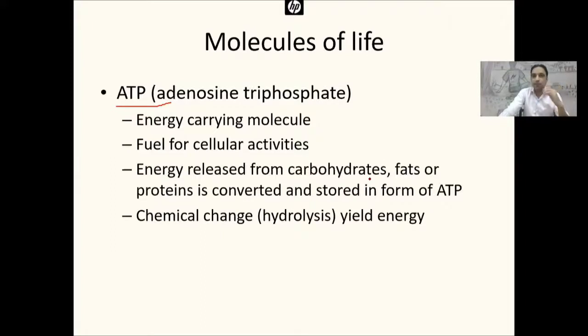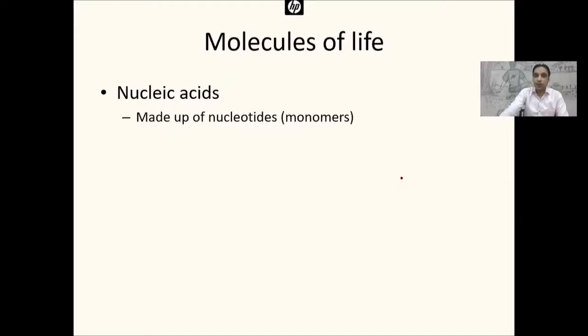They have the same currency molecule, the same energy molecule called ATP. Whenever energy is required, ATP is hydrolyzed using water. It is broken down and it produces energy, which can be used to execute other reactions. So that's it.